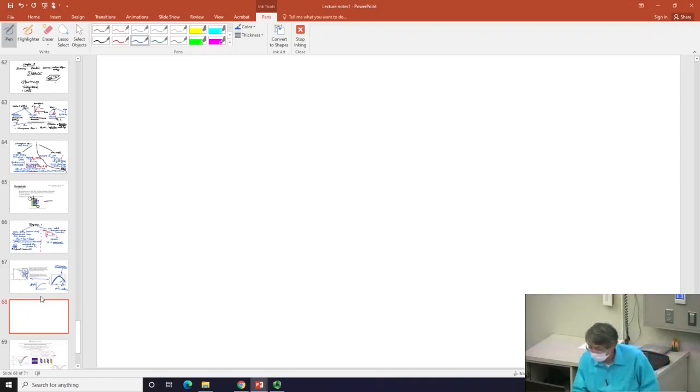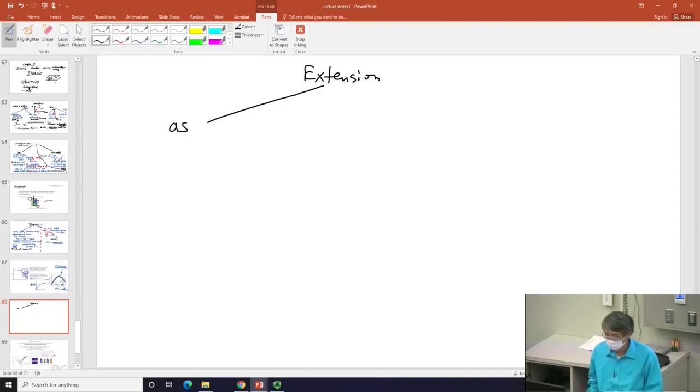Let's look at the extension. Equally incompatible between the two scenarios. So you have the alternative scenario where basically, let me again list a few items.